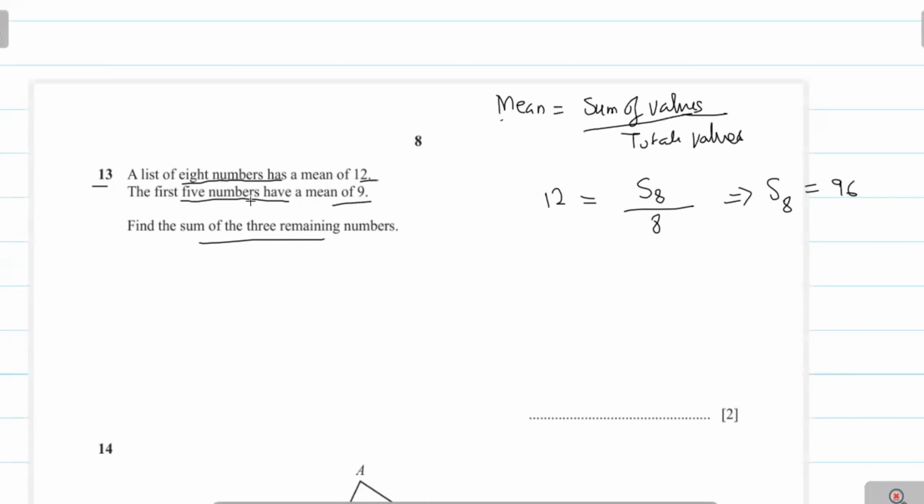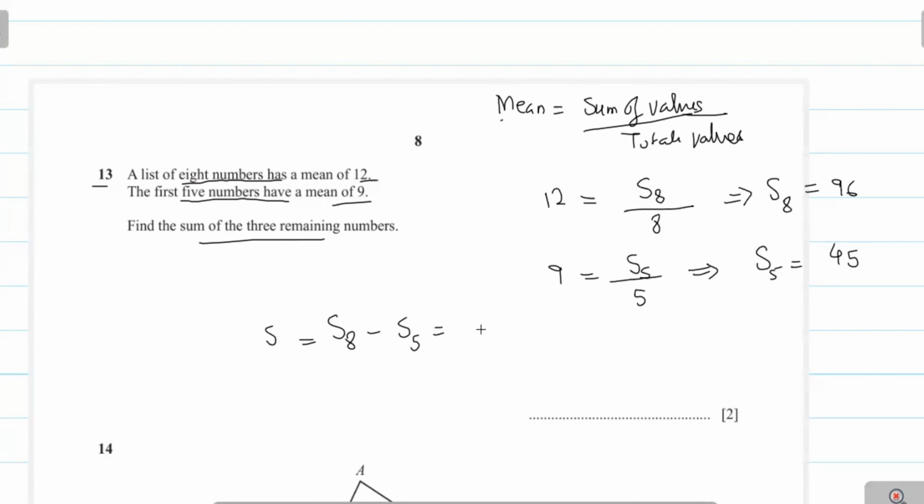Next, the next 5 numbers: the sum of 5 numbers is S5 and the mean of 5 numbers is 9. S5 over 5 equals 9, so the sum of 5 values will be equal to 5 times 9, which is 45. Now the difference between the sum of the first 8 values minus the sum of the first 5 values is equal to the sum of the remaining last 3 numbers.